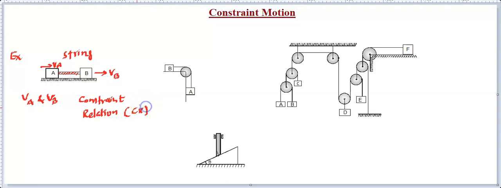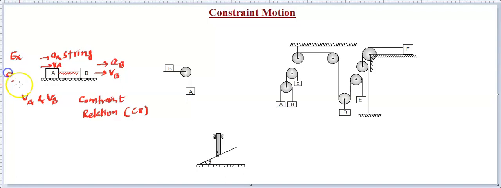So all the parameters of kinematics. If we are drawing a relation among velocities, that will also be known as a constraint relation. Similarly, if somebody says this moves with acceleration AB, so find the acceleration of AA, that's also going to be known as a constraint relation.